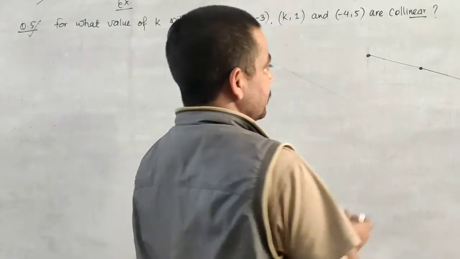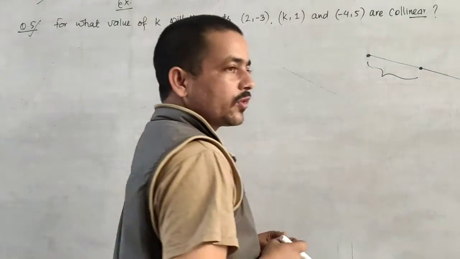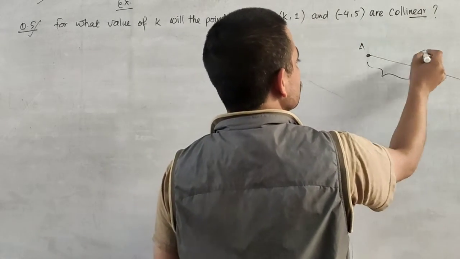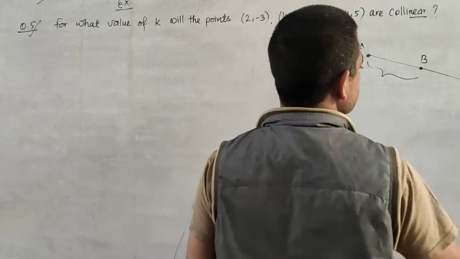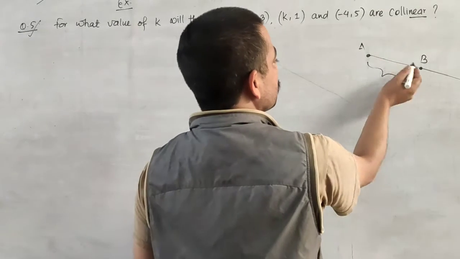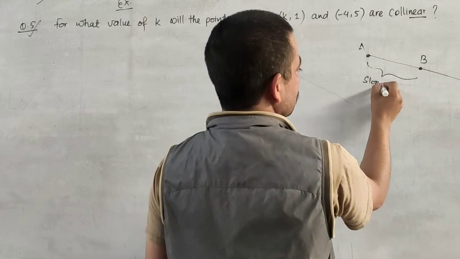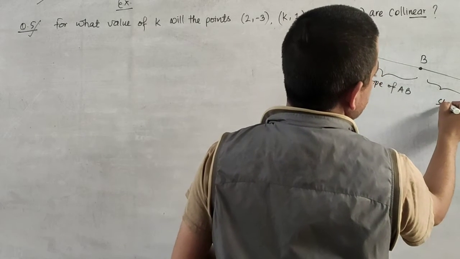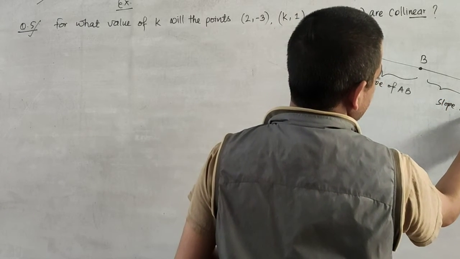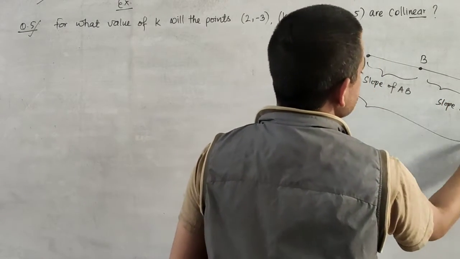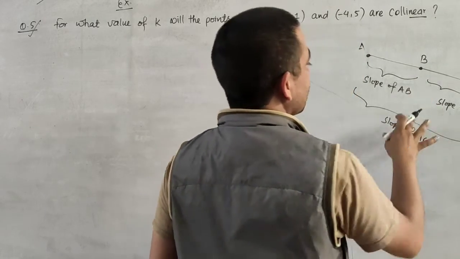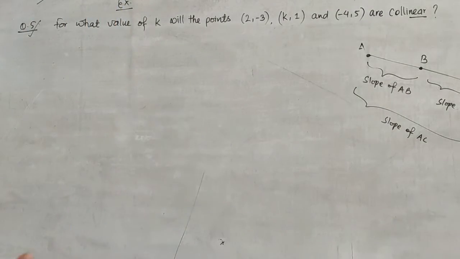So basically, geometrically, what we understand is that the slope is the same. If A is one point, B is another point, C is a point, then the slope of AB, slope of BC, slope of AC, all are the same.